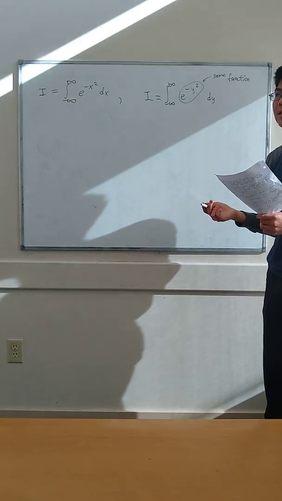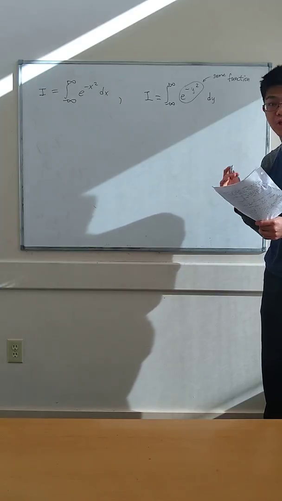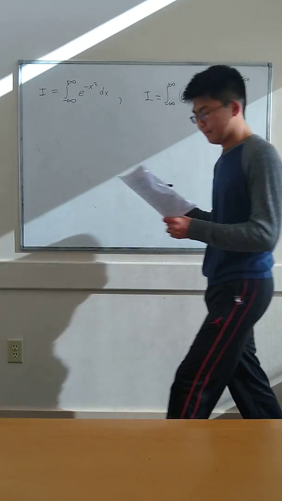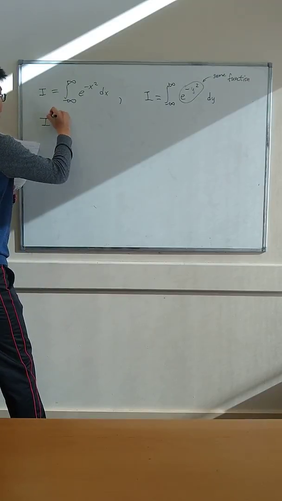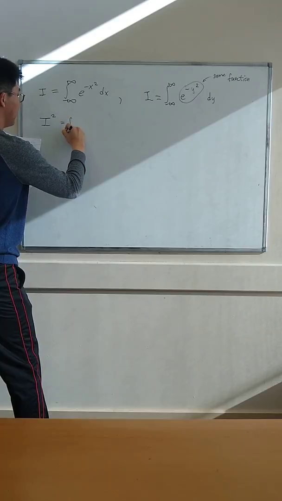Now, this is the way that you might do it on a test, because you don't want to spend too much time explaining every step. So I'm going to say this is I squared, and I'm going to multiply them together.